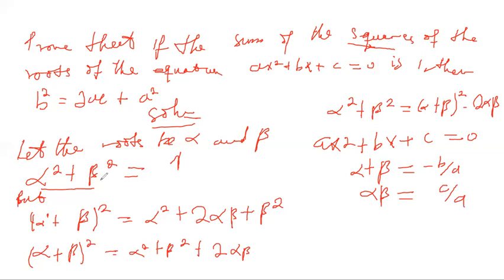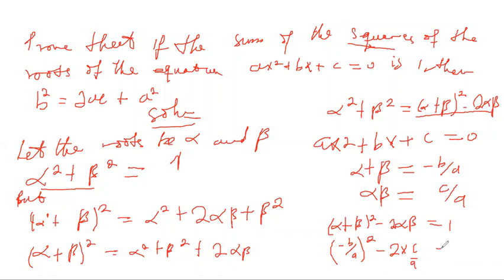So we are now going to substitute in this equation. Instead of alpha squared plus beta squared, we write alpha plus beta squared minus 2 alpha beta, and we put that to 1. So we are going to say negative b over a squared minus 2 times c over a is equal to 1. Are we there?